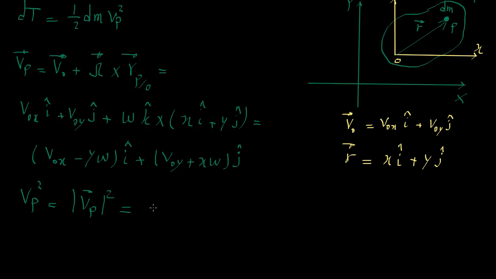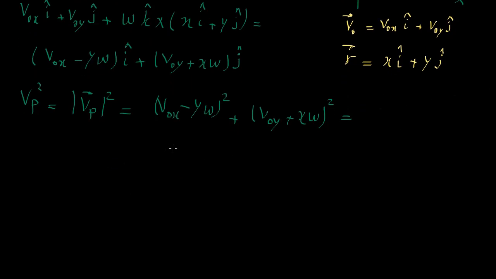So this would be (Vox minus y omega) squared plus (Voy plus x omega) squared. And I just expand the square that we have here and reorganize the terms.